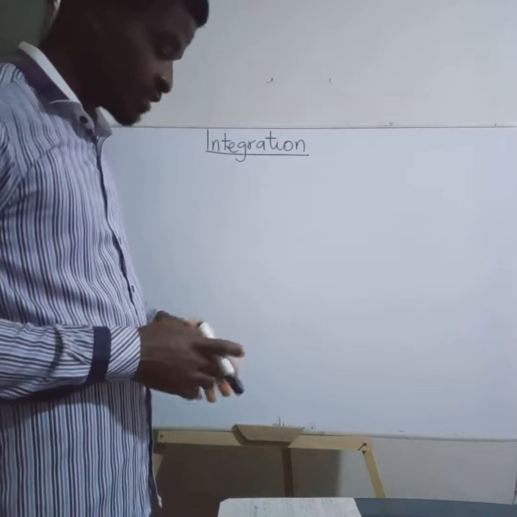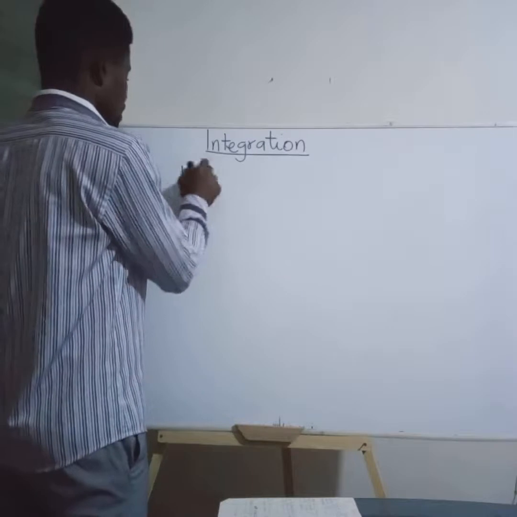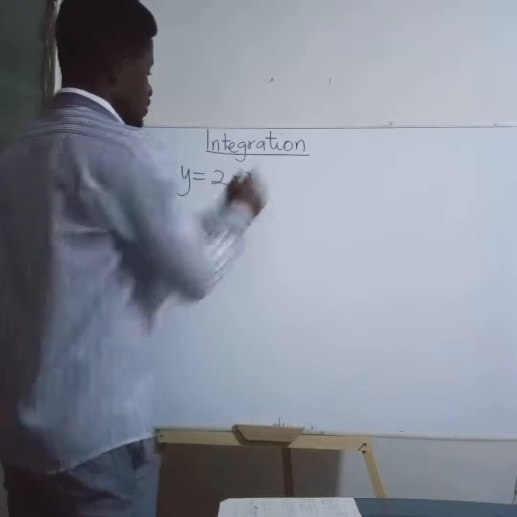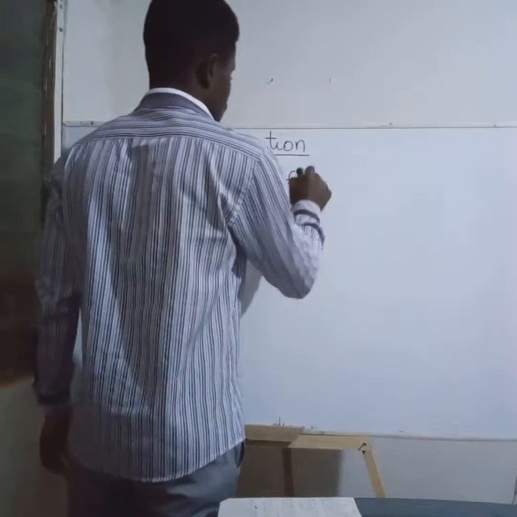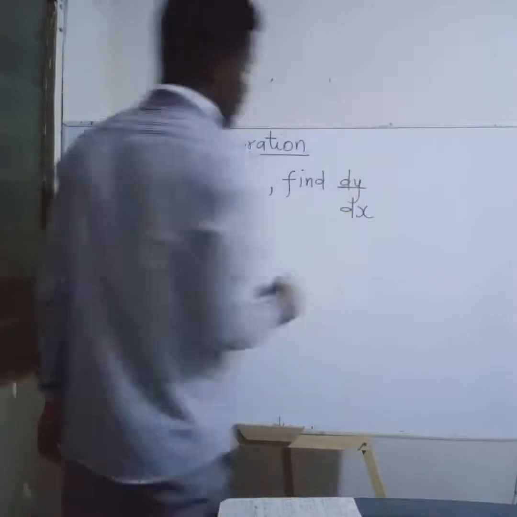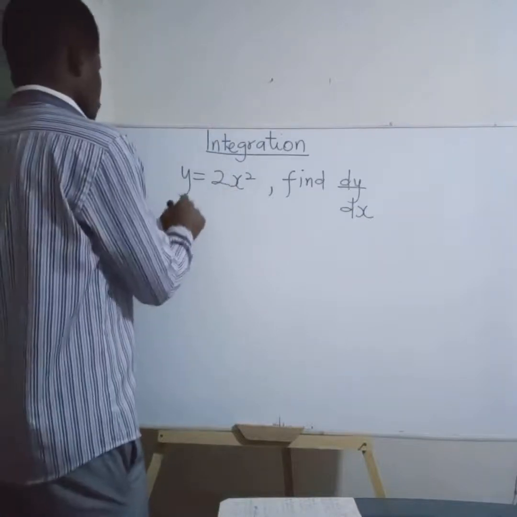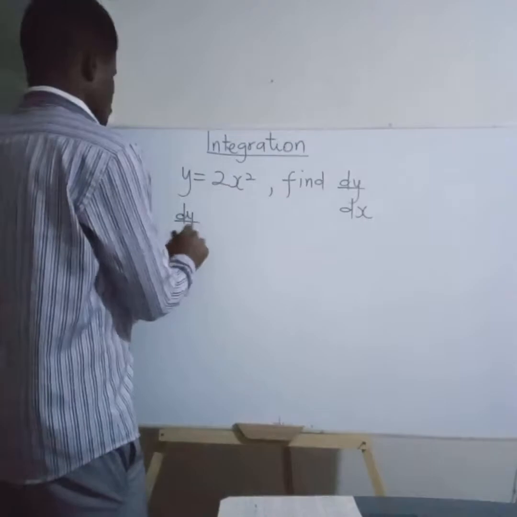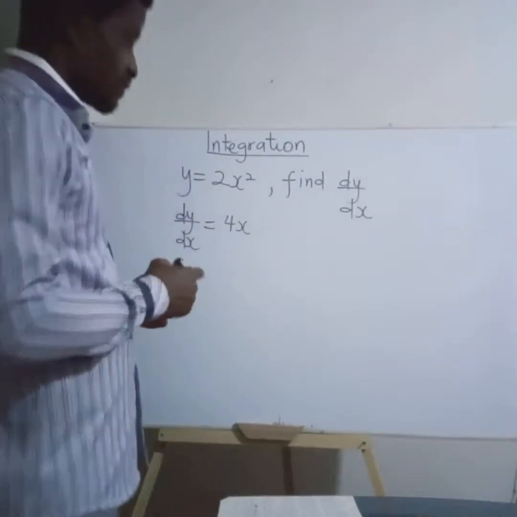For example, in differentiation, if we have y is equal to 2x squared and we are to find dy over dx, or to differentiate y with respect to x, we are going to have 4x.